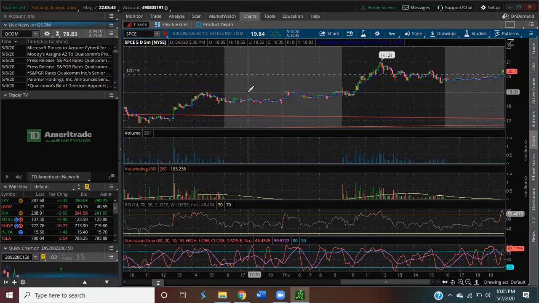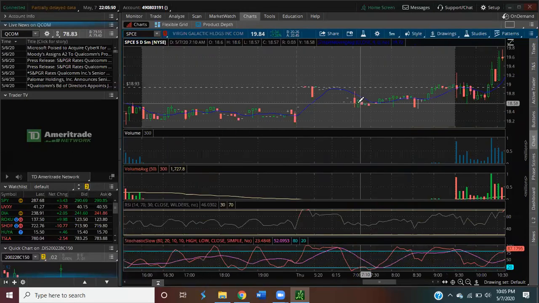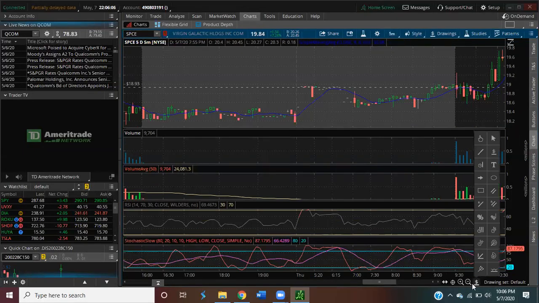Say maybe out here you have a resistance, and you can see on your aftermarket data where the resistance is. The resistance is right here in this same little area, and it had trouble getting above it in pre-market and after hours as well. So it's showing you that it was a pretty strong resistance for the time being.